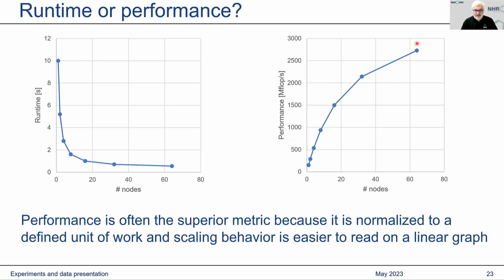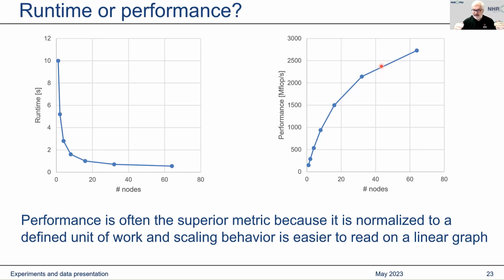So performance is often the superior metric because it's normalized to a defined unit of work, and the scaling behavior is easier to read on a linear graph. Of course, there's also a lot of space taken up by this graph, and other parts of the graph are empty. Depending on the situation and how you do the measurement, it may also be useful to plot the performance per node, which then would be a straight line for perfect scaling.